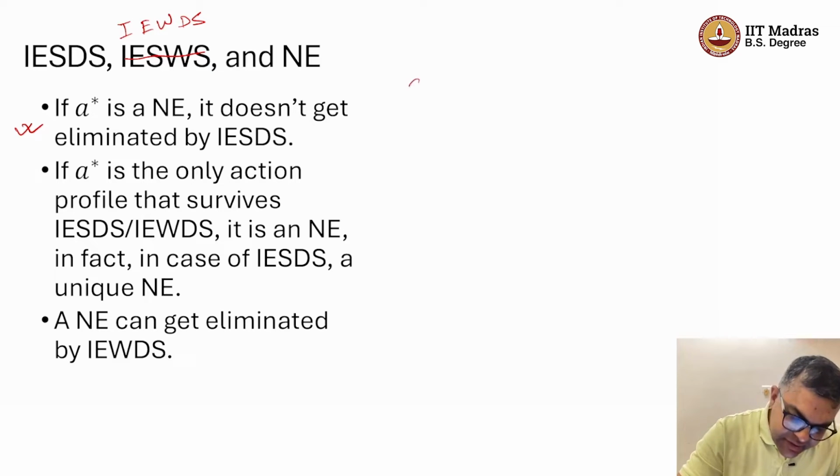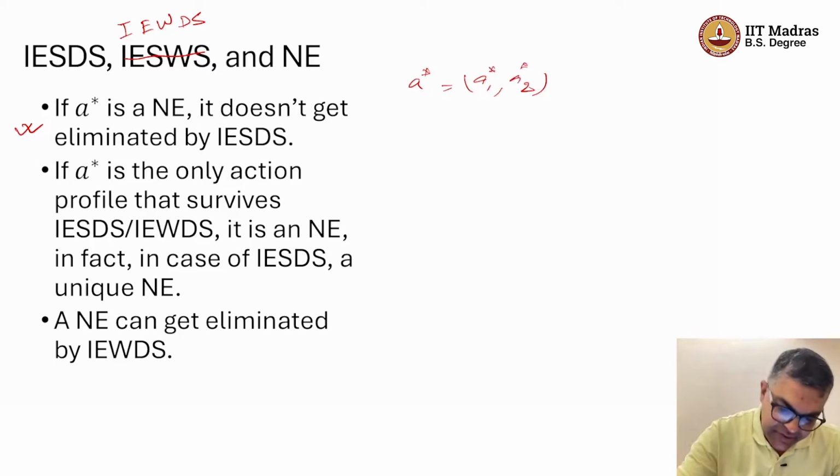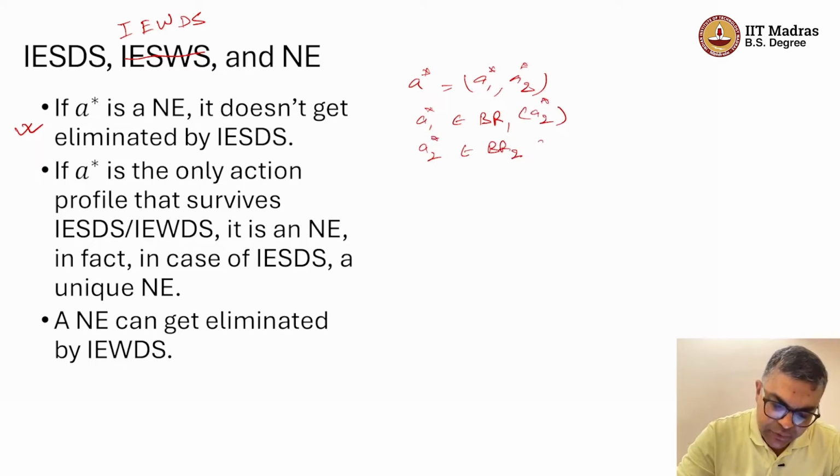As A star is a Nash equilibrium, we can write it as A1 star, A2 star, just for simplicity. What it means is that A1 star is among the best responses of player 1 when player 2 plays A2 star, and A2 star is again among the best responses of player 2 when player 1 plays A1 star. That is the definition of Nash equilibrium.